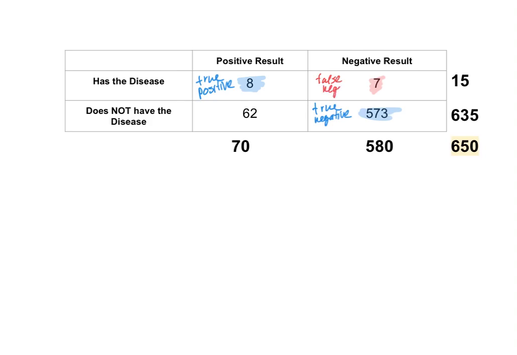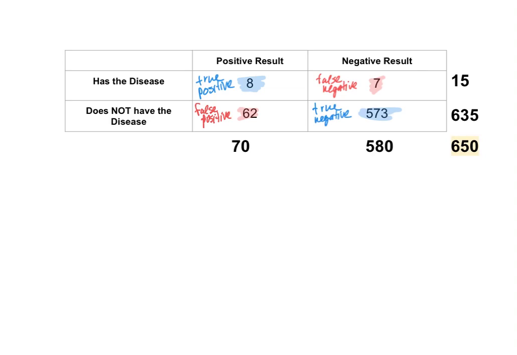These are the individuals who have a false negative result. And then we have those who come in who do not have the disease and test positive, and that's a false positive. So this is just the number of individuals who have that particular result.